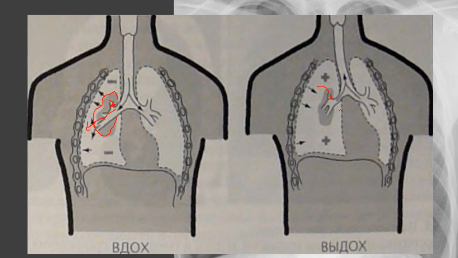It means that the pressure of air on this side will be bigger and bigger, pressure will grow up, and it is very bad because pressure there will dislocate organs to the normal side. Okay, it is a valvular pneumothorax.